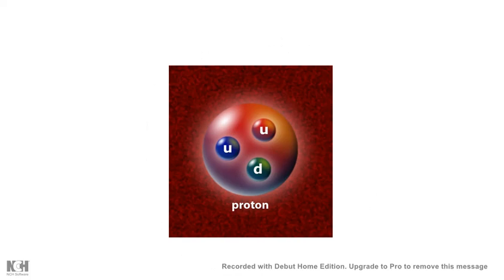So what's at the heart of every proton? As I said before, protons are the building blocks of all the atoms. All the atoms are made of protons. And neutrons are protons that kind of absorb another little bit of energy.